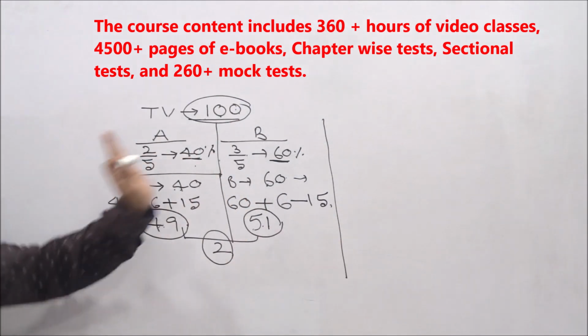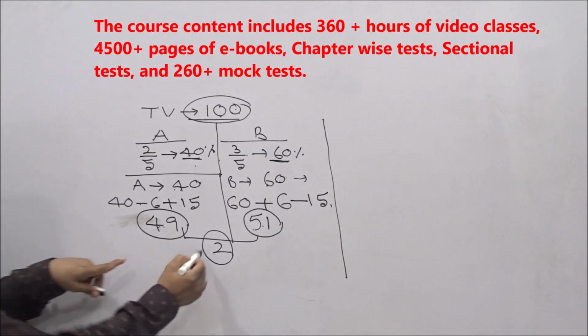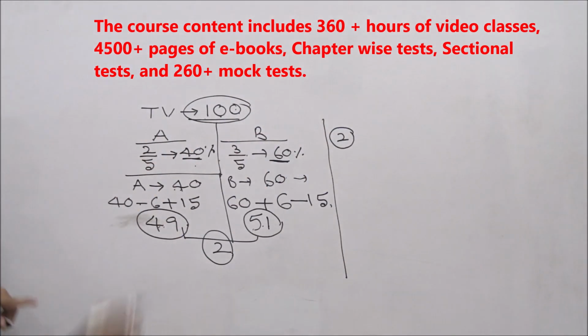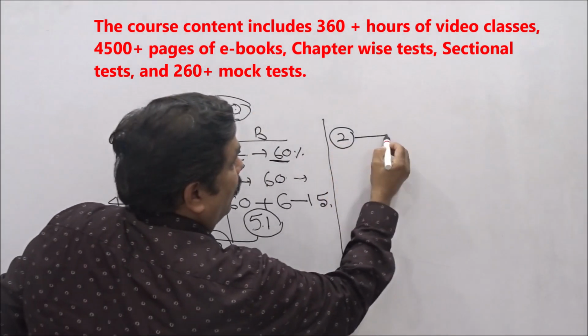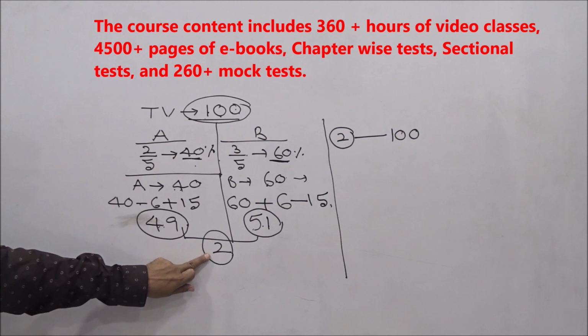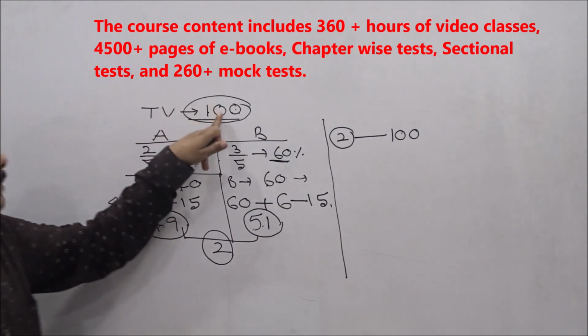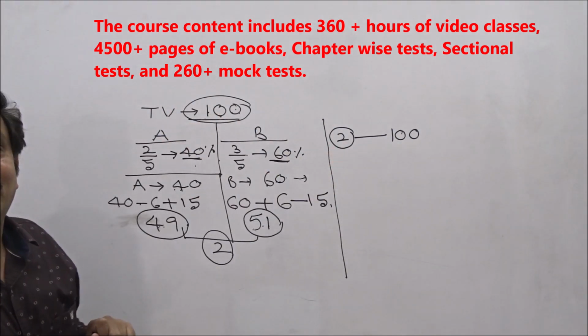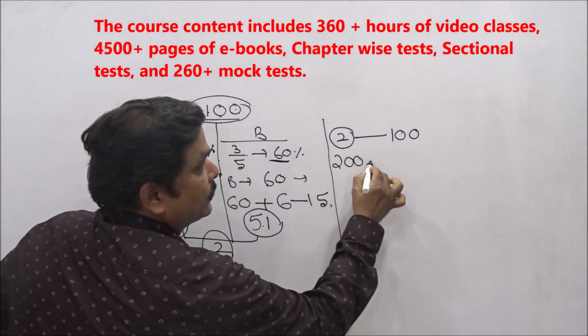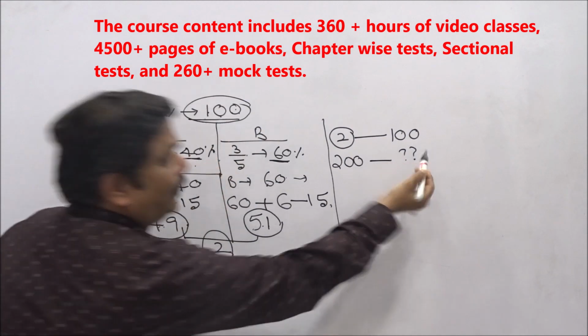Now, final step of unitary method. If A lost the election by 2 votes, total number of votes are 100. If A lost the election by 200 votes, what should be the total?